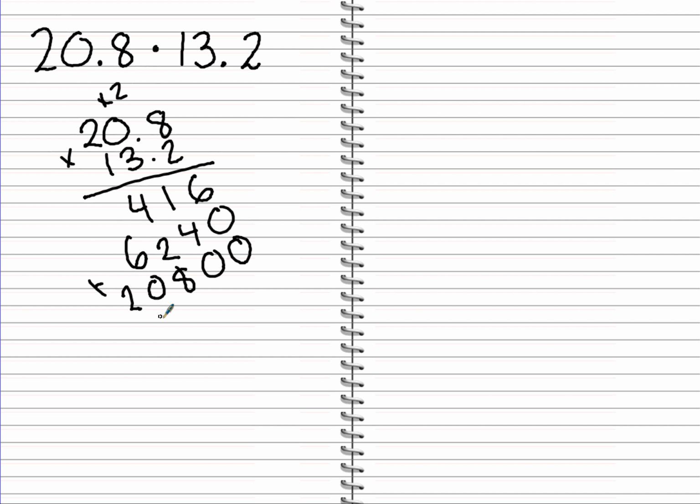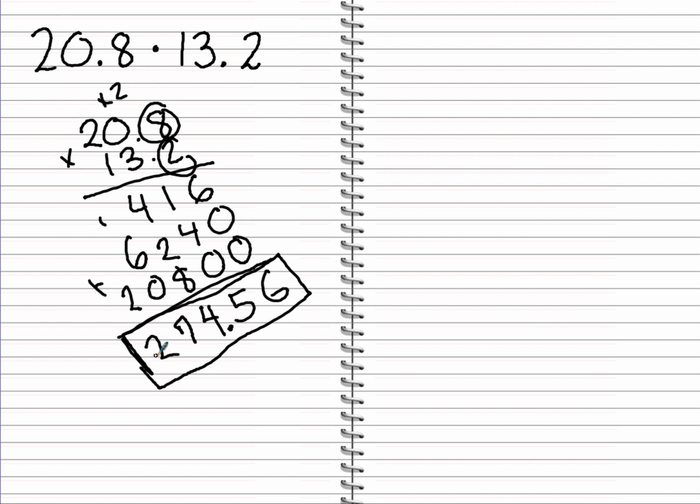And when you add it all together, you should have gotten 2 numbers behind the decimal. So 274 and 56 hundredths.